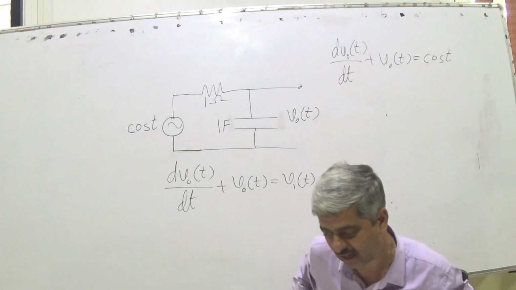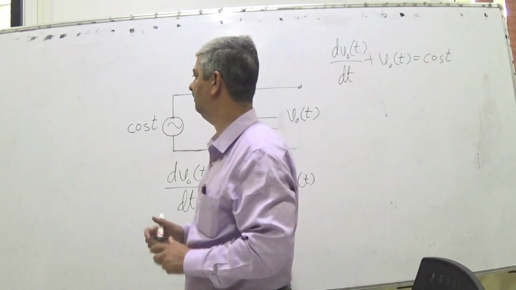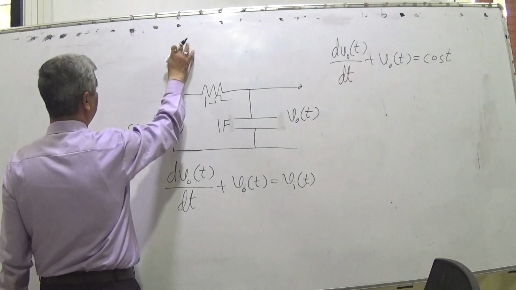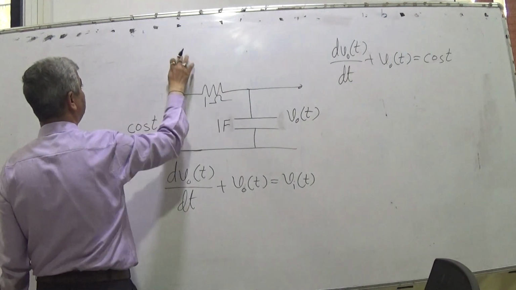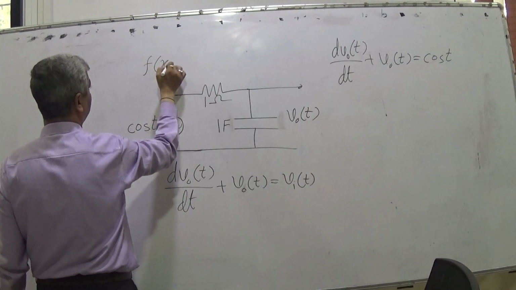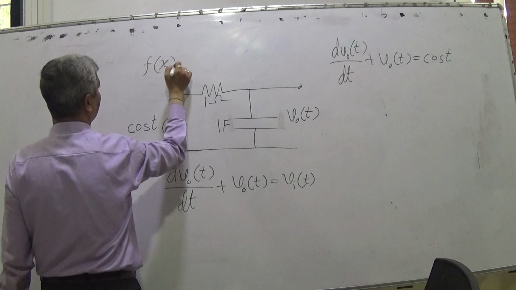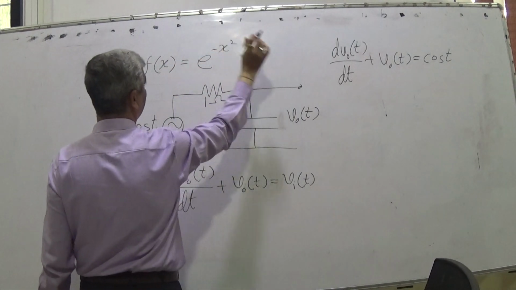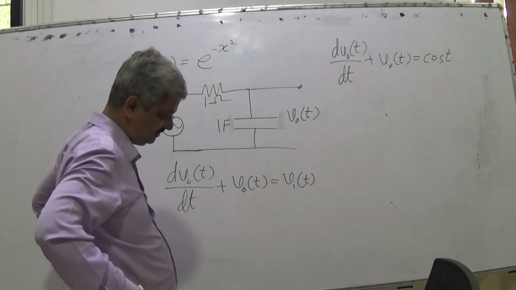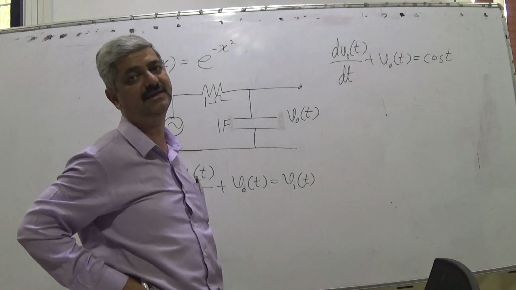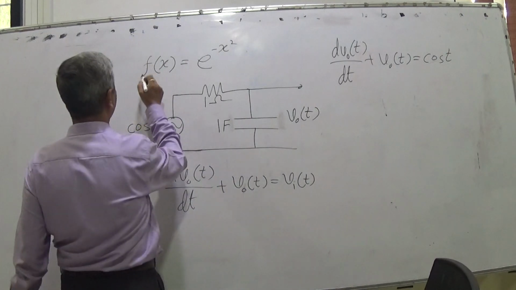I give you one more task. Integration is not so easy. If I give you any function, you can differentiate it. f(x) equal to e raised to minus x square. This is a function.